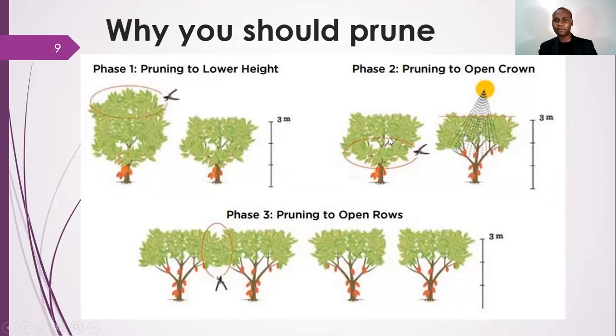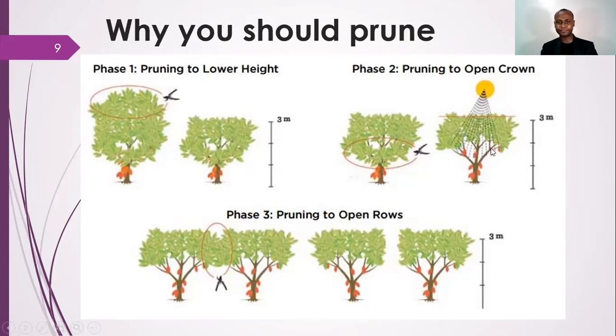Over here, you have to remove all the branches and leaves in this area. The smaller branches and leaves in this area need to be removed as well. As you can see in this image, you remove the leaves and branches, and then you have an open canopy which looks like this one.